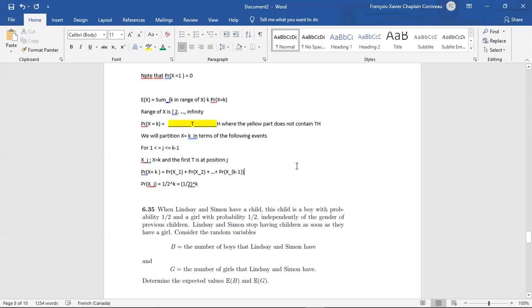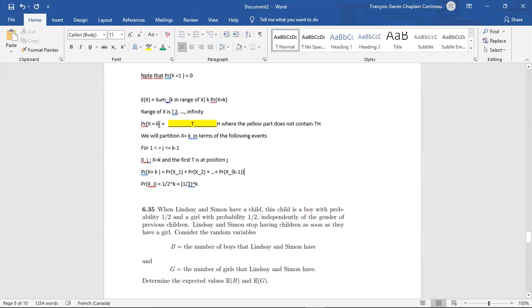So how many sequences can happen? So I need to fill in the rest, right? Well, if my first t is here, all of this needs to be heads. My first t is at position j, so everything before is heads. Exactly. So here what I did is I split this event in terms of smaller events.